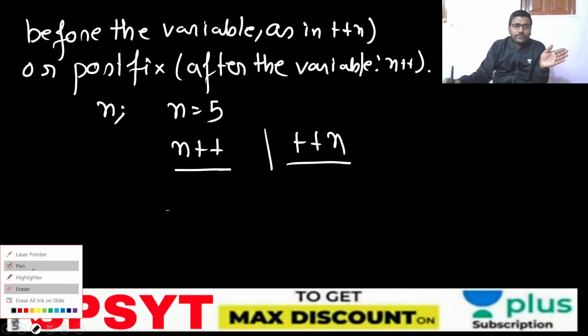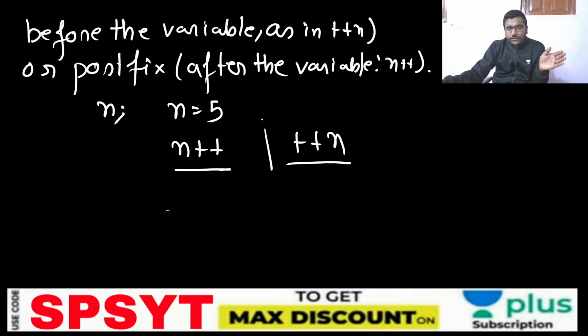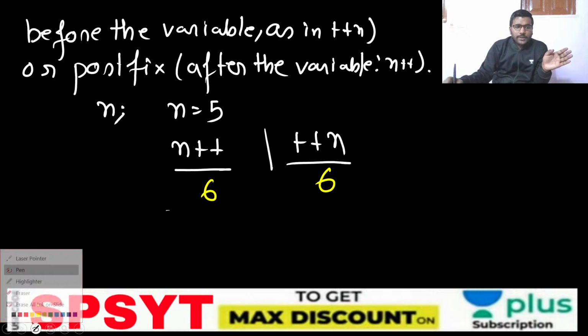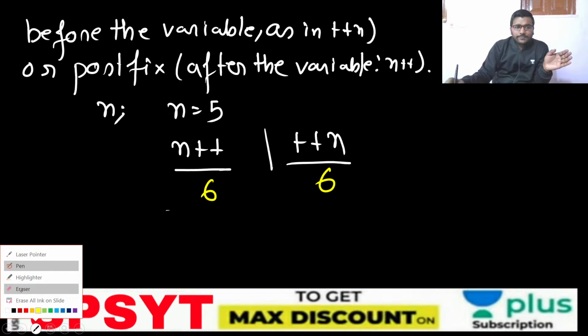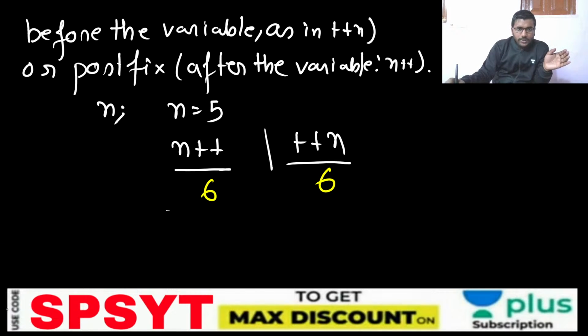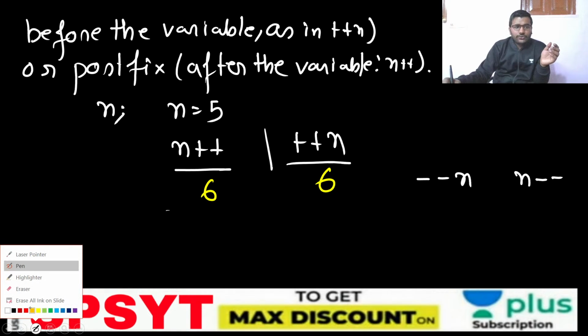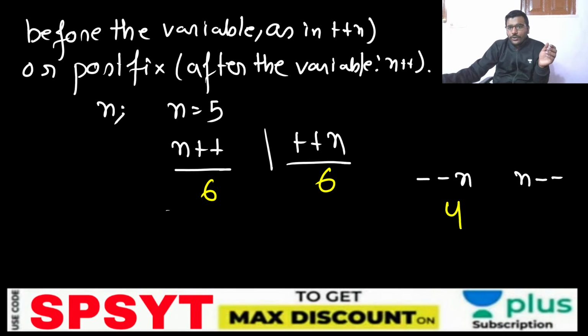Similarly, minus minus n and n minus minus are both going to give you 4.